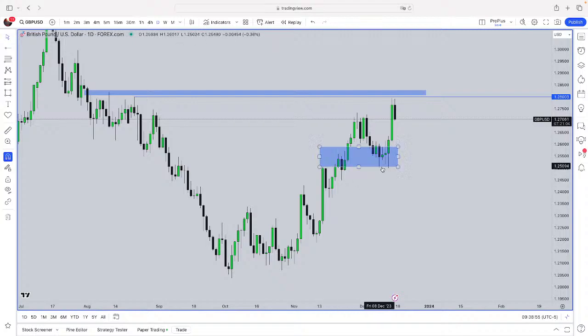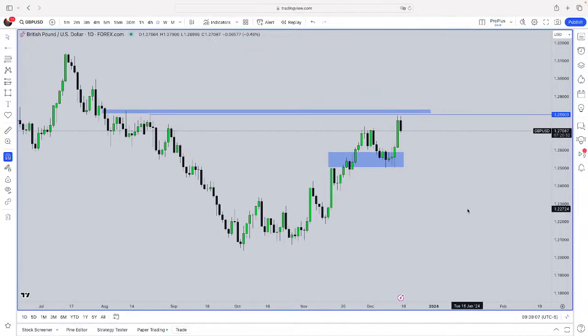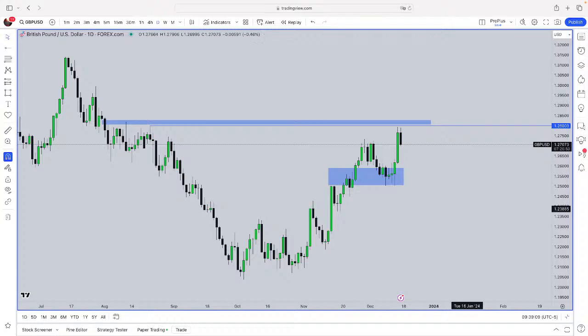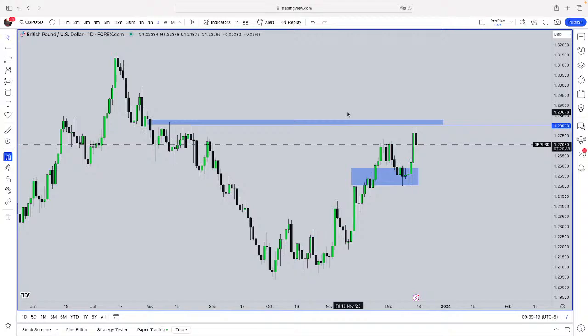If it takes this low, it doesn't matter too much. But if it takes that low, then I'd say we're going to take that low and potentially these lows here. So that's my analysis for GU. And it lines up with dollar, because I'm bearish on dollar, so it should be bullish on GU. If that makes sense.